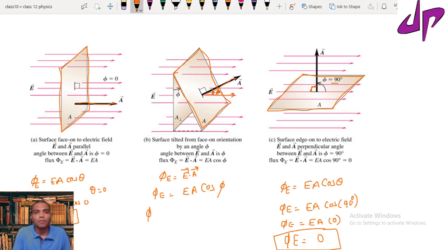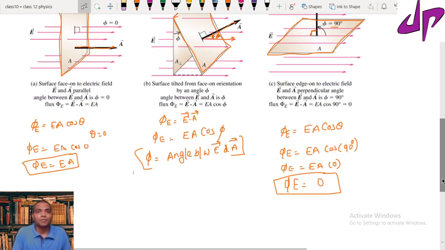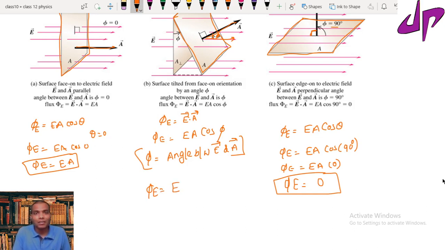Angle phi equals the angle between E bar and A bar. E bar is the electric field vector and A bar is the area vector. Area is a vector. Now in this case, the flux φE equals, we can write, we don't know the exact angle, so we can write simply EA cos phi.